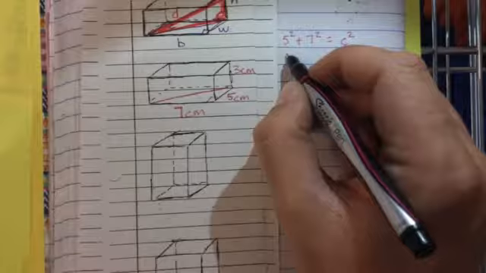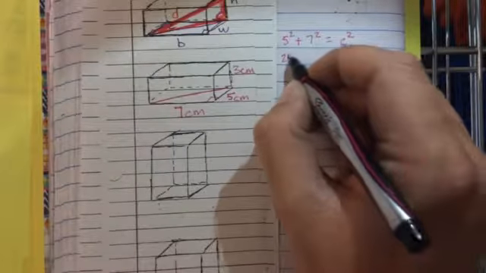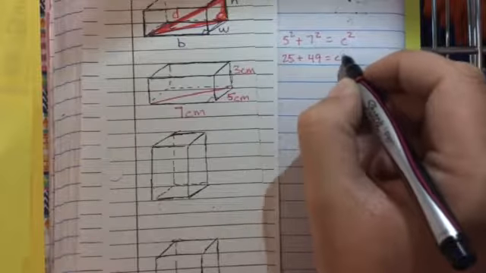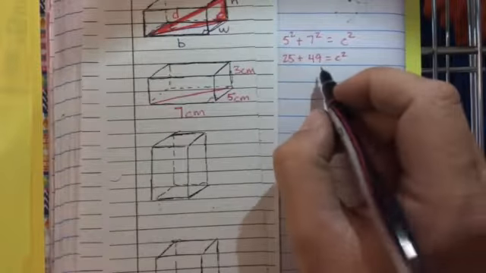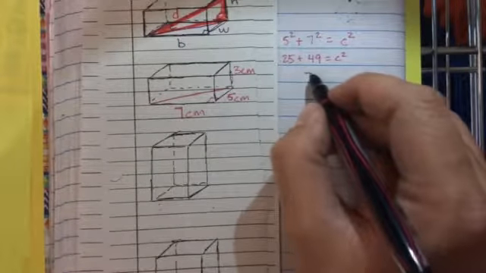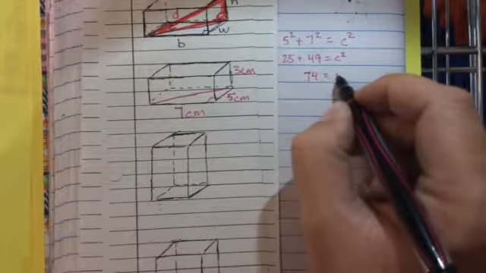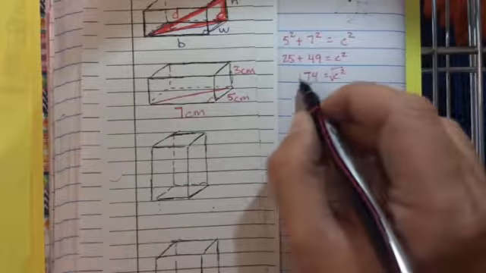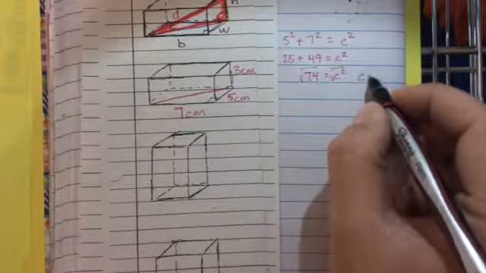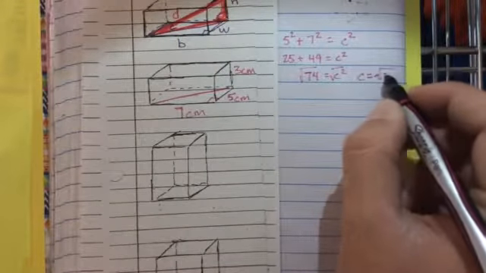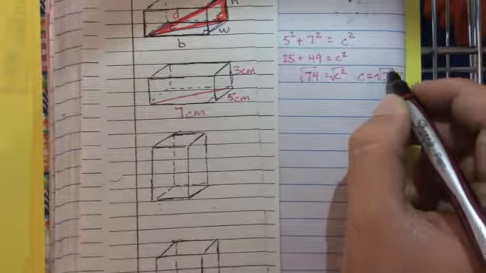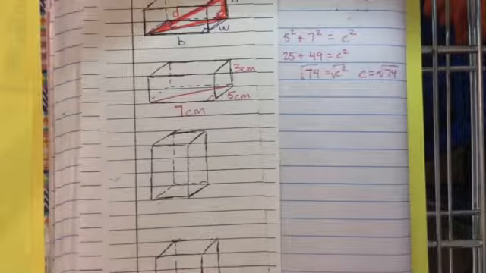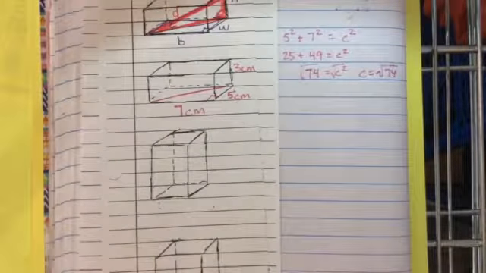5 squared is? 25. 7 squared is? 49. 25 plus 49 equals 74. And that equals C squared. We take the square root of both sides. And for when we're solving in 3D, when we solve for the base's hypotenuse, go ahead and leave it.